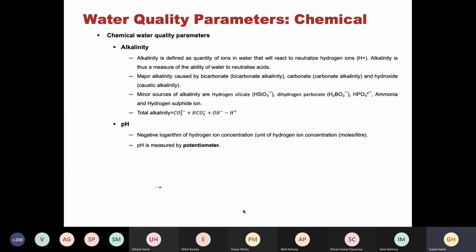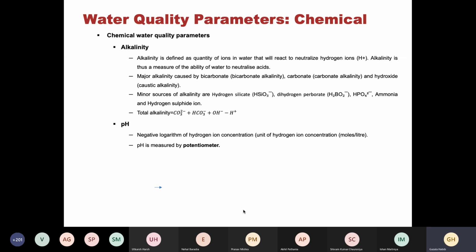Minor sources of alkalinity could be hydrogen silicate, dihydrogen perborate, hydrogen phosphate, ammonia, hydrogen sulfide, etc. However, these are minor ions, and basically we do not consider them unless it is given that these ions are present and their amount is given in the problem.